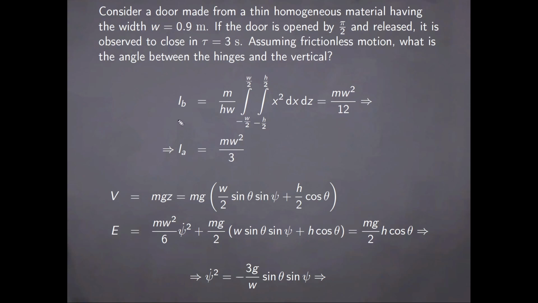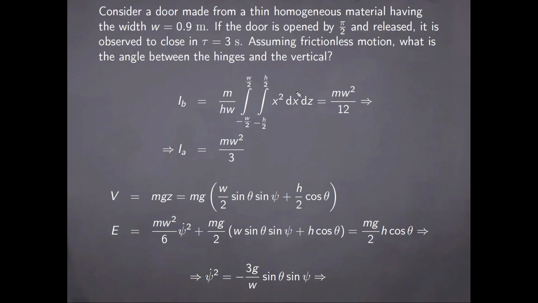So we begin by calculating the moment of inertia of the door for an axis of rotation that is passing through the center of mass and is parallel with the height of the door. So we need to perform the integrals here. We are assuming that in the intrinsic frame, or in the body frame, the door is distributed in the xz plane.